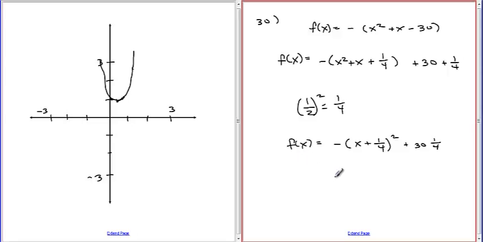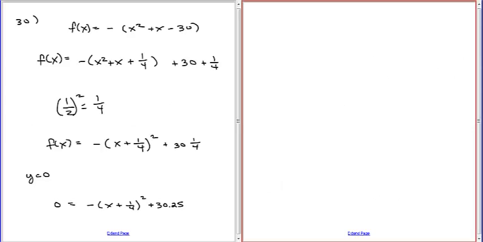Now, as far as the x-intercepts, it's going to be interesting. So for the x-intercepts, we set y equal to 0. And I'm just going to put 30.25. So we'll do it in decimals here once, we'll change that to 0.25.